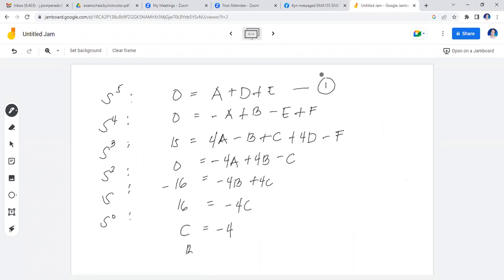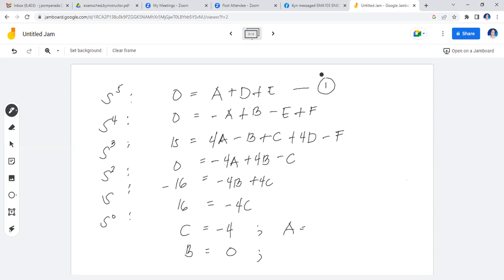Here you can get B. Can you solve for B? You have negative 16 plus 16, 0. B is 0 from here, because this would be negative 16, transfer here 0. Here, if you substitute, what is the answer for A?